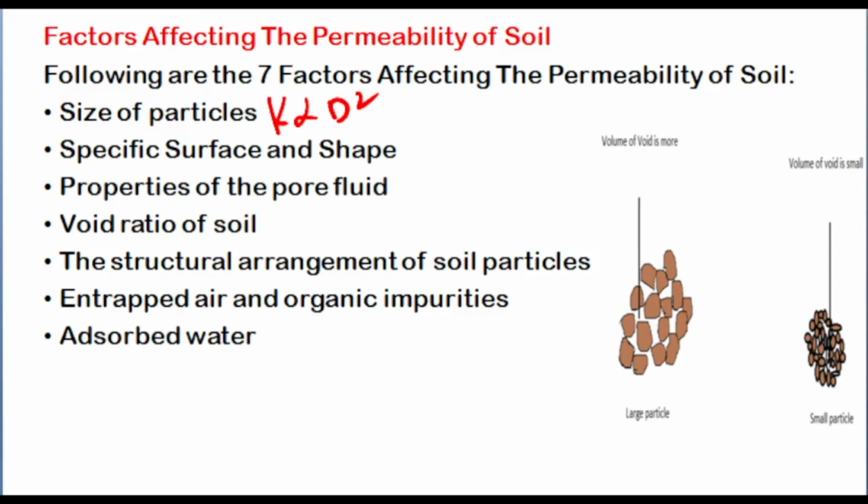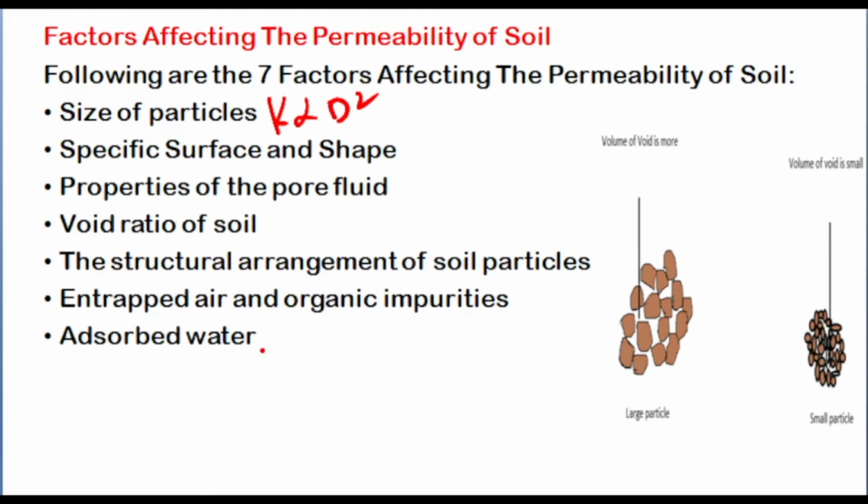Then there is something which is called the entrapped air and the organic impurities. Of course, if the voids are filled with air or with organic impurities, how will the water flow out? So, the permeability is less. Whereas, if the voids are free from entrapped air and organic impurities, the permeability will be more.